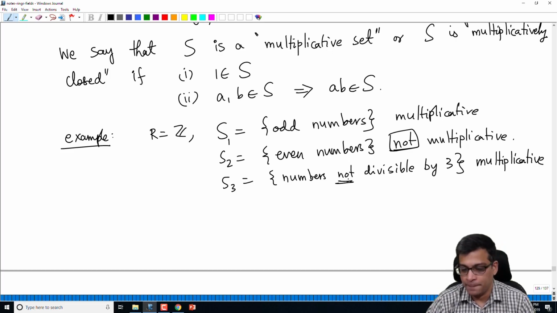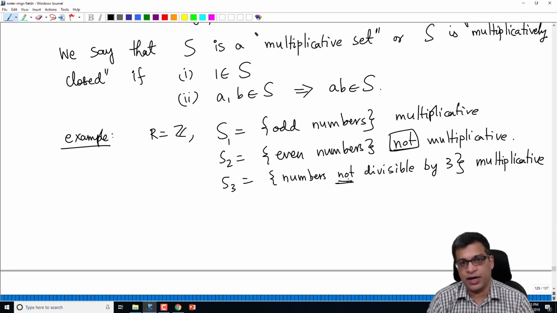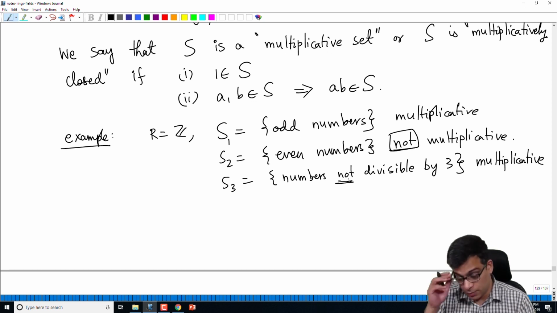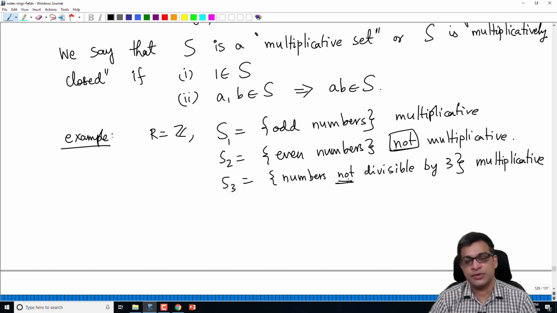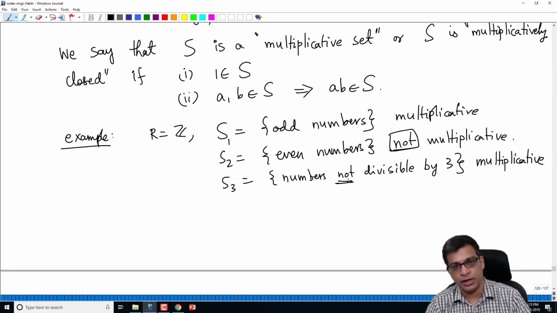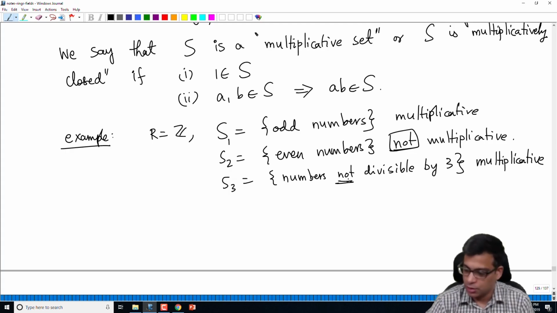And if two numbers are not divisible by 3, for example 5 and 7, then 5 times 7 is not divisible by 3. Here the important fact is 3 is a prime number. If 3 does not divide a and 3 does not divide b, then 3 does not divide ab. Remember, that's a property of prime numbers, because if 3 divides ab, 3 divides either a or b. So this is multiplicative.